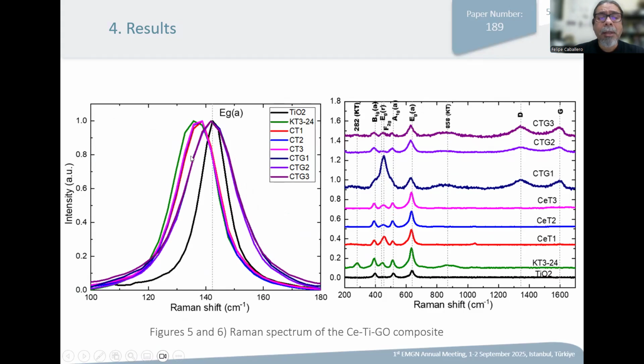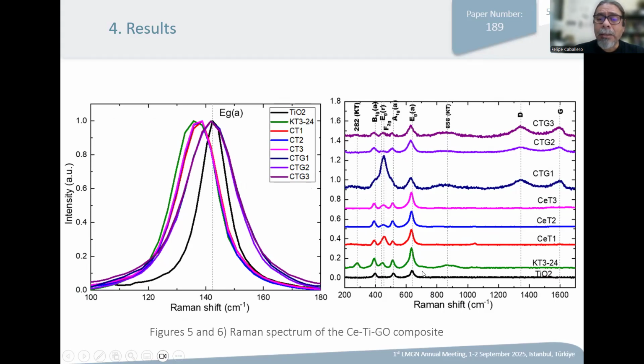You can see here the Raman shift from the titanium oxide signal to a lower Raman shift, that is higher energy, that indicates the introduction of potassium, and then this potassium is substituted by cerium, that is the sample CT.